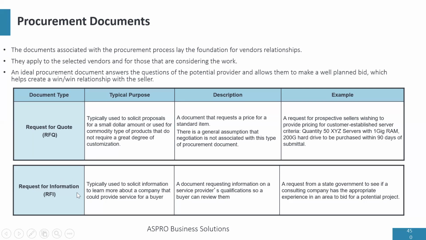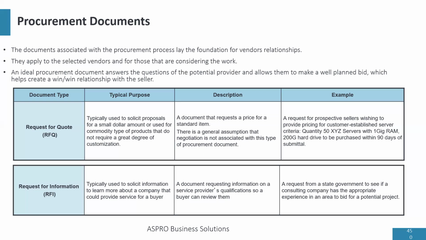Request for information is where you're asking vendors for information based on a project you are working on. Now, some companies do not honor requests for information. You know why? When you give them information, there's no guarantee that they will do the work.